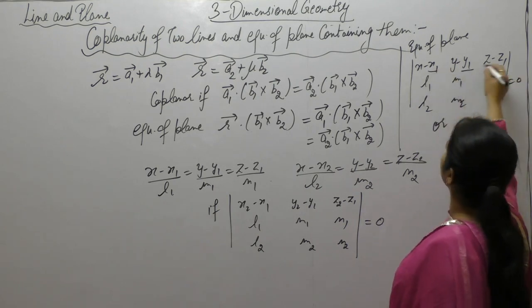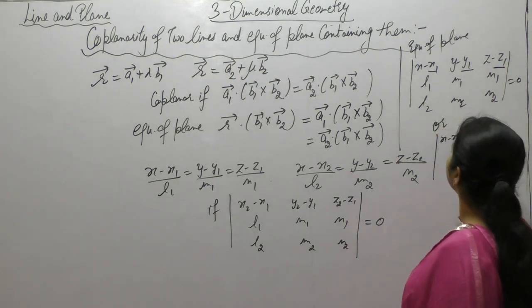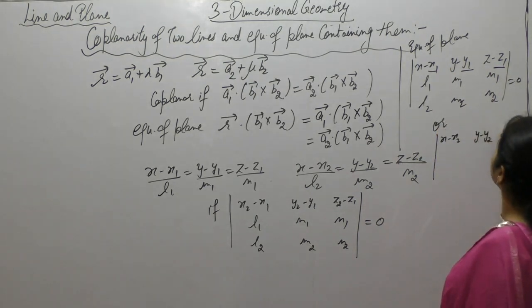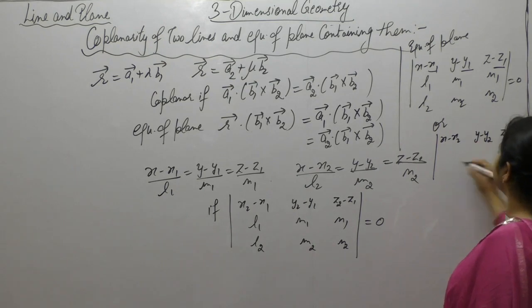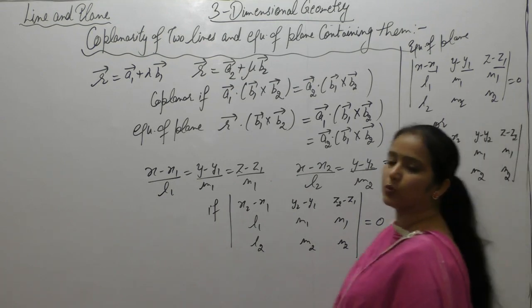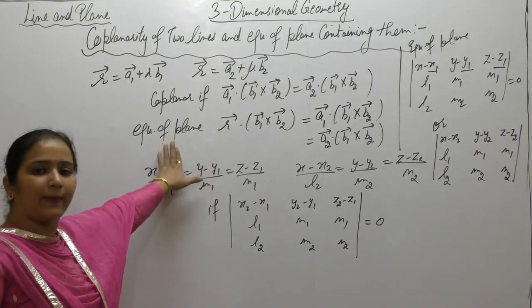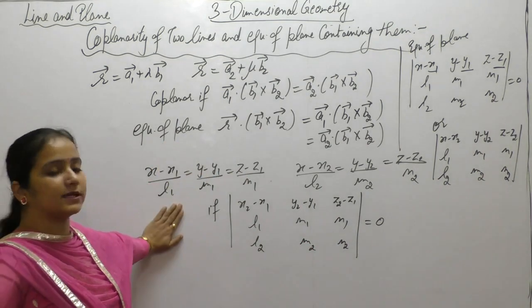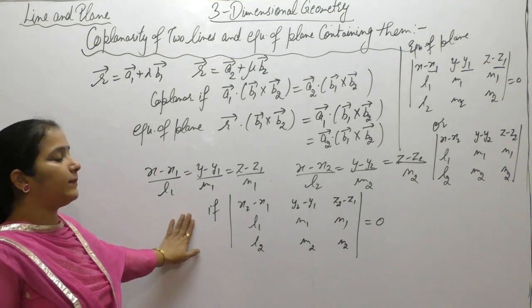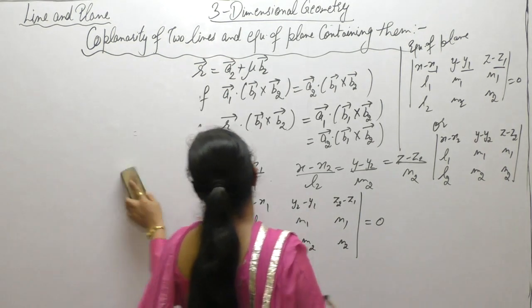Or instead of x1, y1, z1, we can write x2, y2, z2: x minus x2, y minus y2, z minus z2, L1, M1, N1, L2, M2, N2 equals 0. If vector form is given, we apply the vector formulas, and if the Cartesian form is given, we apply these formulas. So let us start with the questions now.